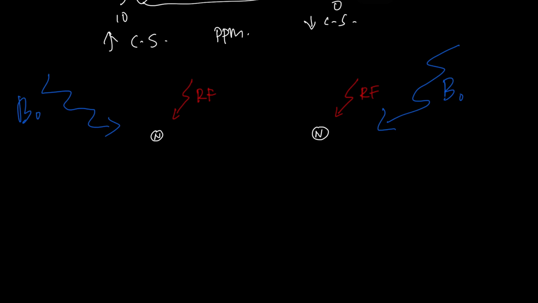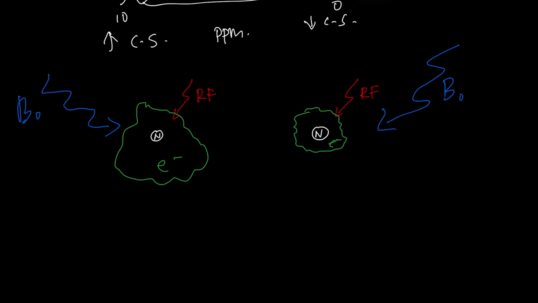Depending on the structure, some nuclei are surrounded by a very dense electron cloud, and some are surrounded by a less dense electron cloud.